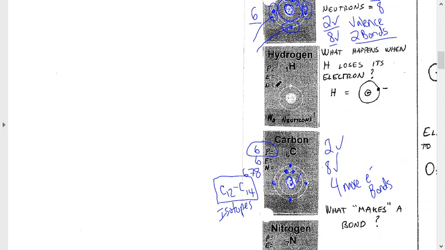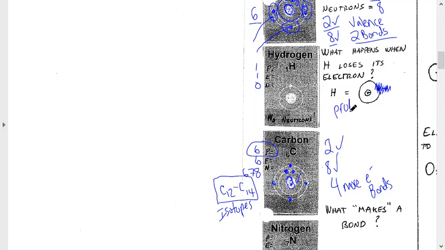All right, let's go back and look at hydrogen. Hydrogen only has 1 proton, it has 1 electron, and has absolutely no neutrons. So it's a proton being orbited by an electron. What happens if hydrogen loses its electron? What if we just plucked this electron off and you just have the proton in the center? You're left with a proton.